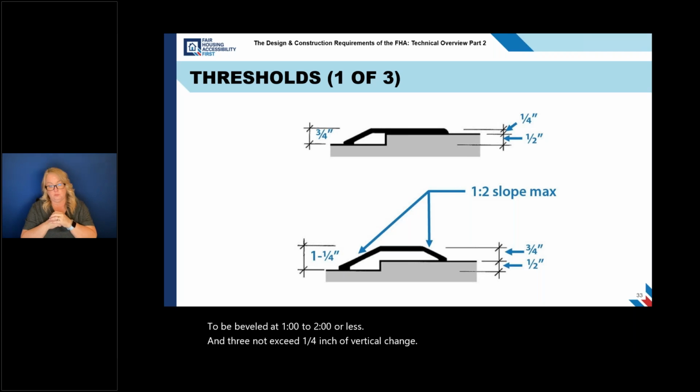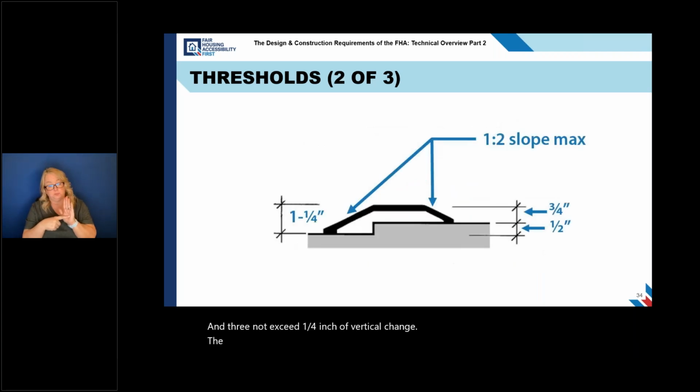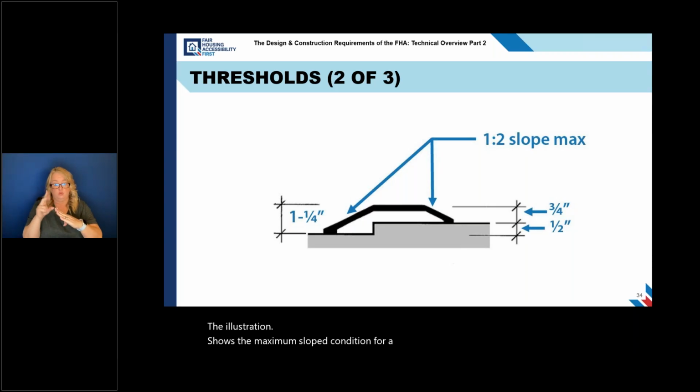The illustration shows the maximum sloped condition for a threshold permitted at a primary entrance door.